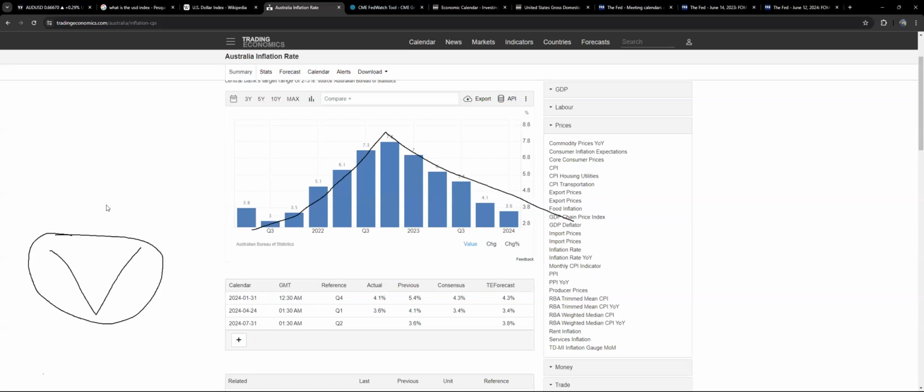Because let's take into consideration we had 3% in quarter 3, 2021, and then we went all the way to 7.8 in Q4 2022. And then now all the way down to 3.6 in Q1 2024. So we're pretty much from 3% in Q3 2021, very close, 0.6% of a difference here.